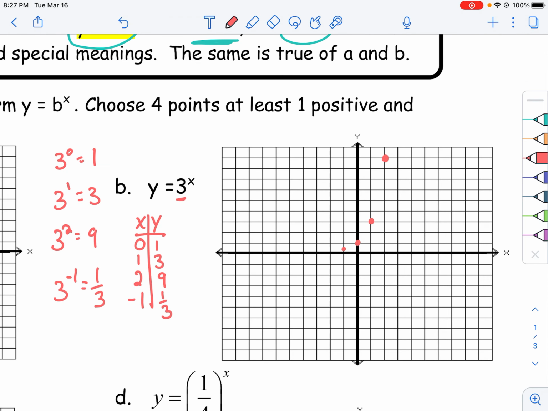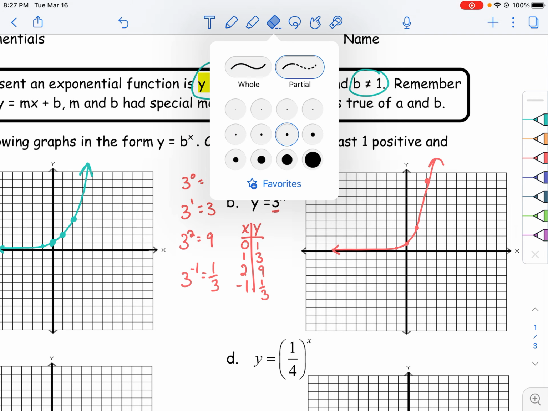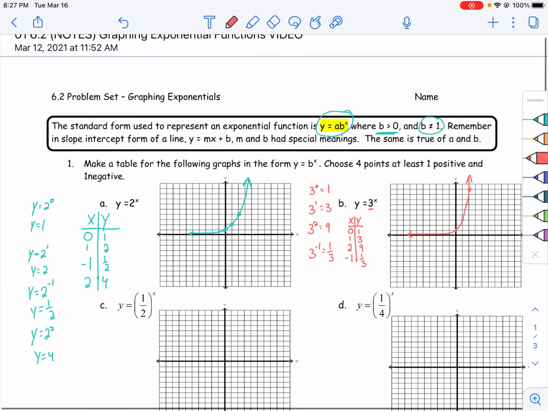Again, this graph is never going to cross that x-axis. So we're just going to draw against the x-axis a graph that looks just like that. My ending was not that great. Let's fix that. That's a little better.